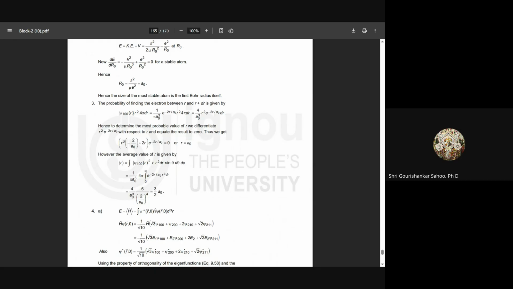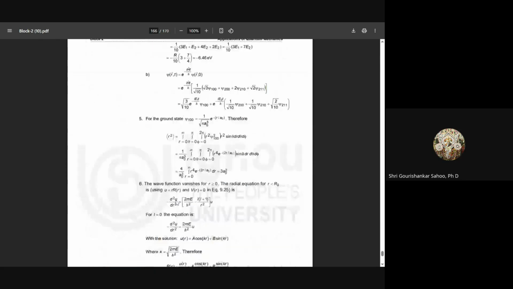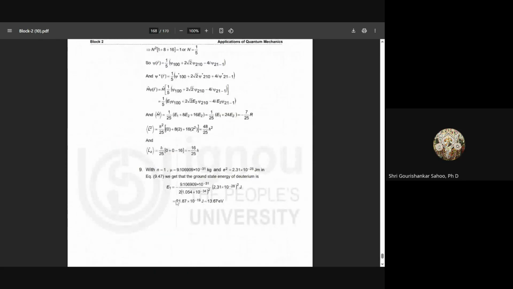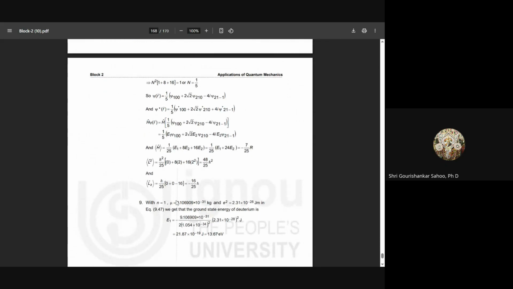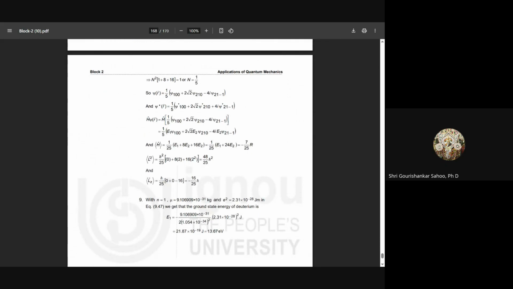You know, deuterium is a stable isotope of hydrogen with a proton and a neutron in the nucleus. So for this, you can have another problem. Given that the reduced mass of a deuterium atom is 9.106909 x 10^-31 kg, calculate the ground state energy.